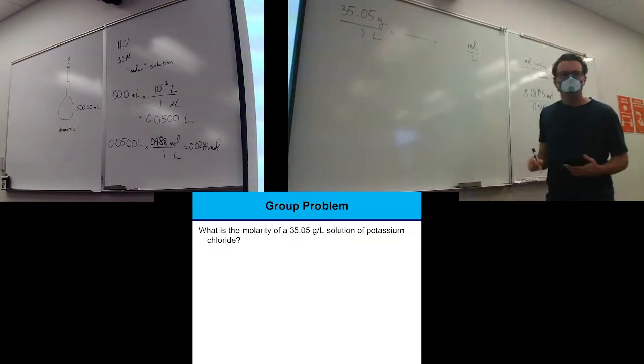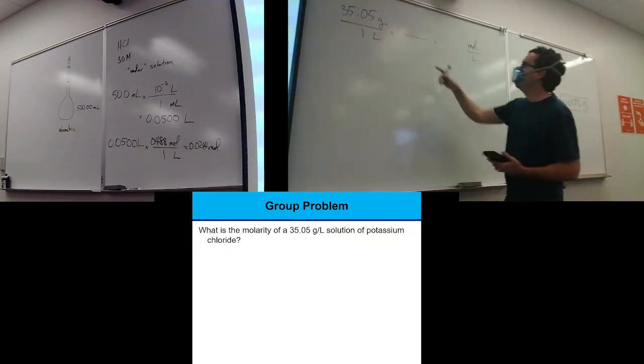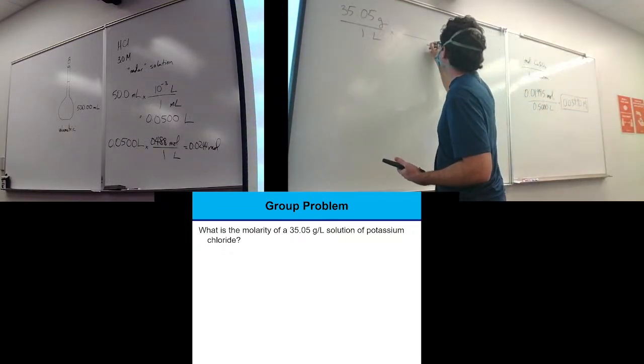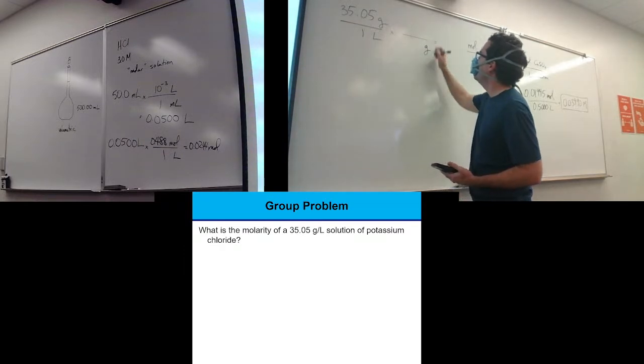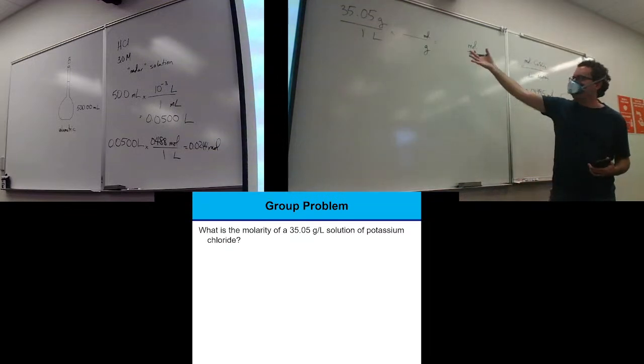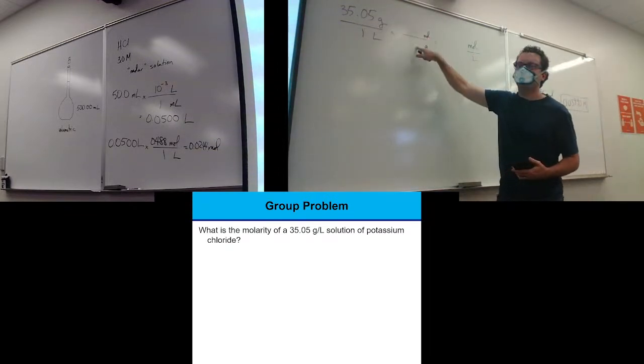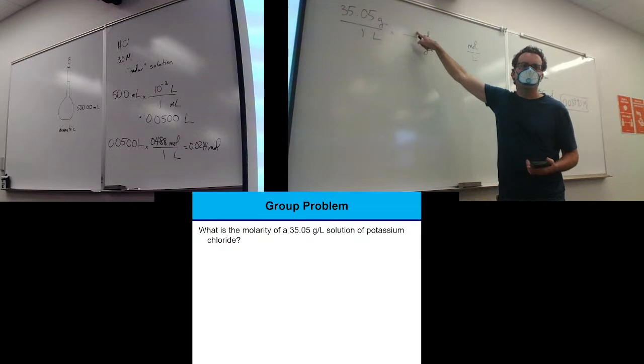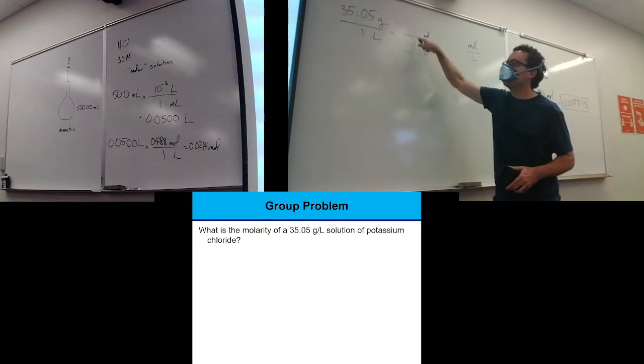And then I've got molarity, right? So how do I get grams into moles? Well, I just cancel out grams and put a mole up there instead. So what is this conversion factor? This is molar mass. Grams to moles, moles to grams.